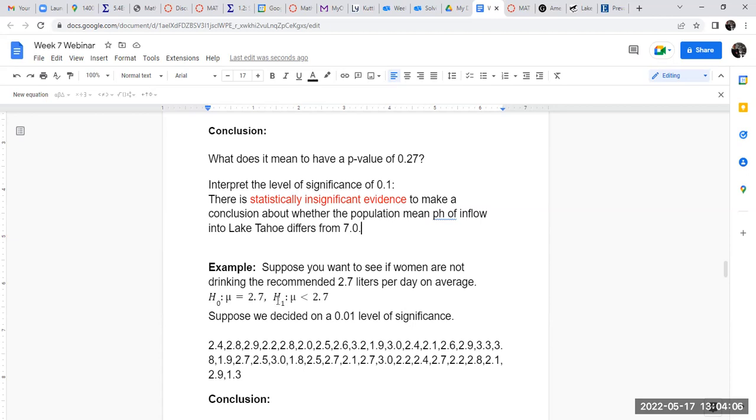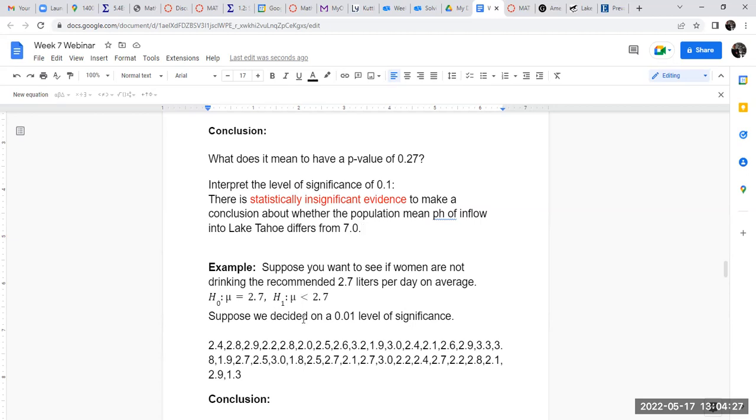And if women aren't drinking enough, then H1 is mu is less than 2.7. By the way, if you drink a little more, that's fine. You just got to pee a little more, but that's okay. Health-wise, it's okay. But if you don't drink enough, that's where you have health issues in terms of the medical stuff. Any questions on this so far?